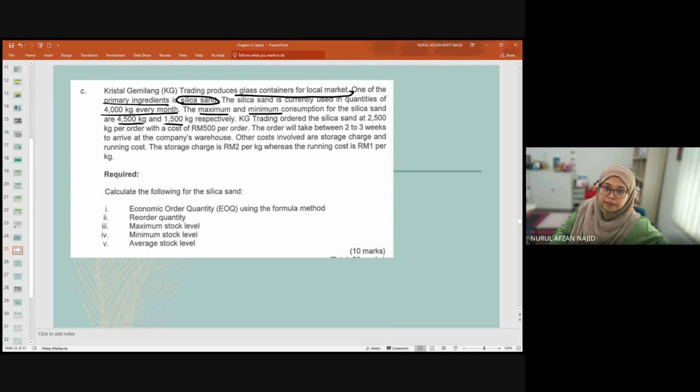Then KG Trading ordered the silica sand at 2,500 per order with a cost of 500 ringgit per order. The order will take between 2 to 3 weeks. Other costs involved are storage charge and running costs, where the storage charge is 2 ringgit, running cost is 1 ringgit. So now you need to calculate the EOQ using formula method.